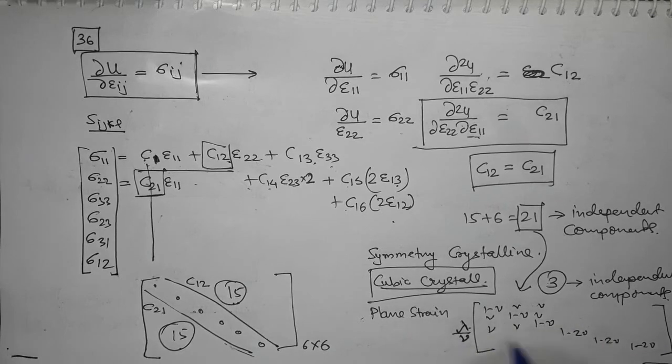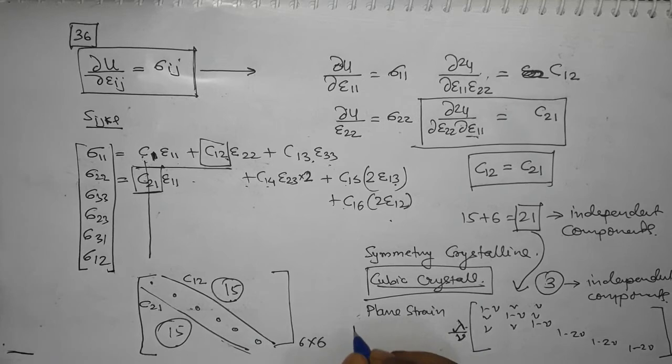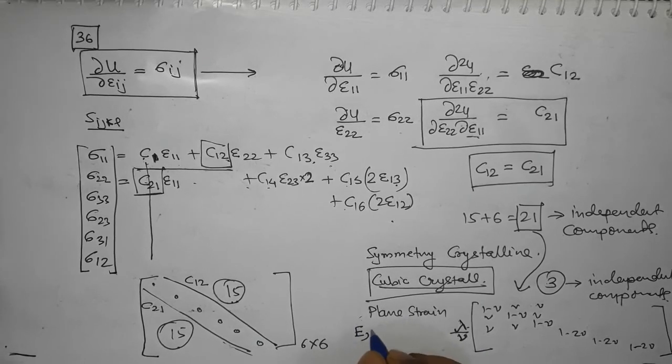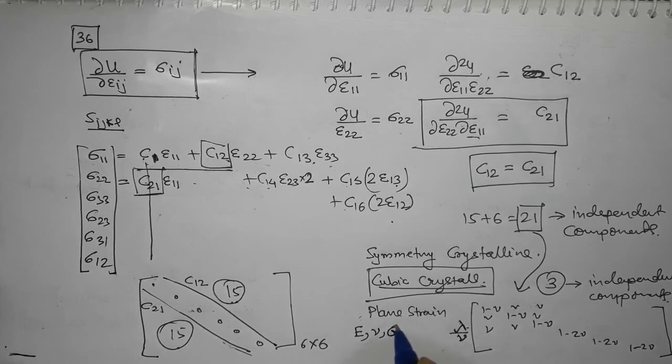And so you see Lame's constant has only elastic modulus E, then we have Poisson's ratio mu, and then we have shear modulus G. But G can also be described as a combination of E and mu.